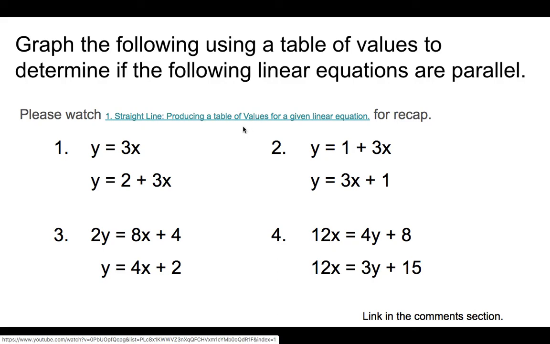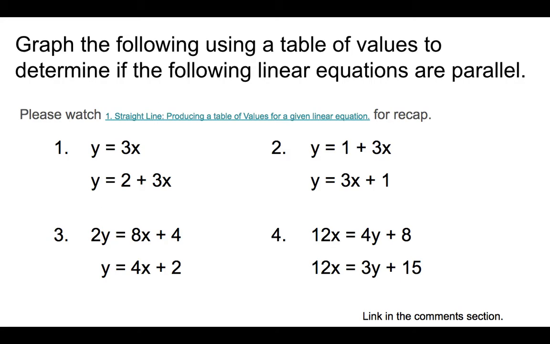Okay, the objective is producing a table of values for a given linear equation. It's the first one, y equals 3x and y equals 2x plus 3. So you might already have an idea about that. If you don't, please do a table of values and see that those ones are parallel. Right, as with question 2, what do you notice about question 2?